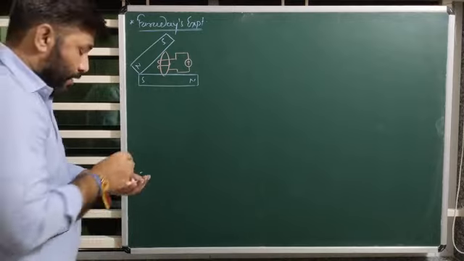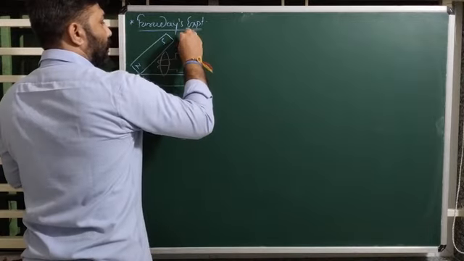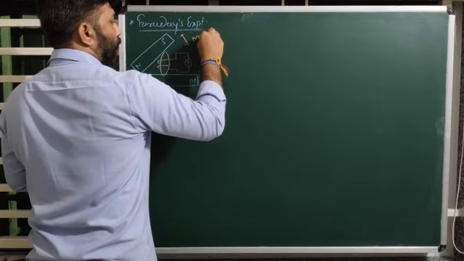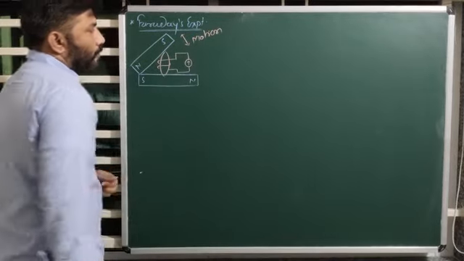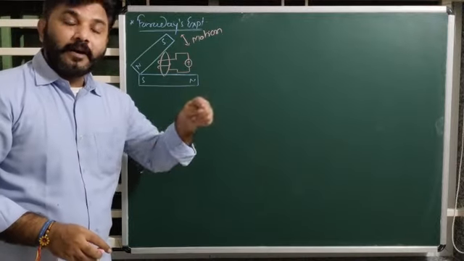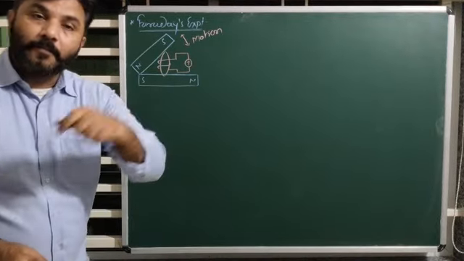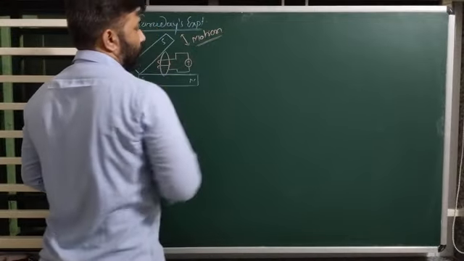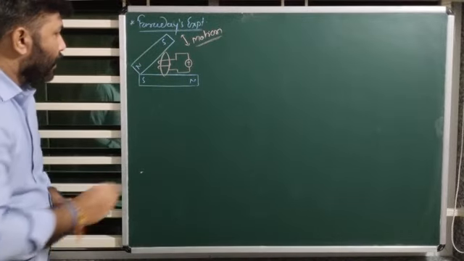In this experiment, there was a motion of the upper magnet and the galvanometer shows deflection. Electric current produced. So keep that word: motion. Clear?